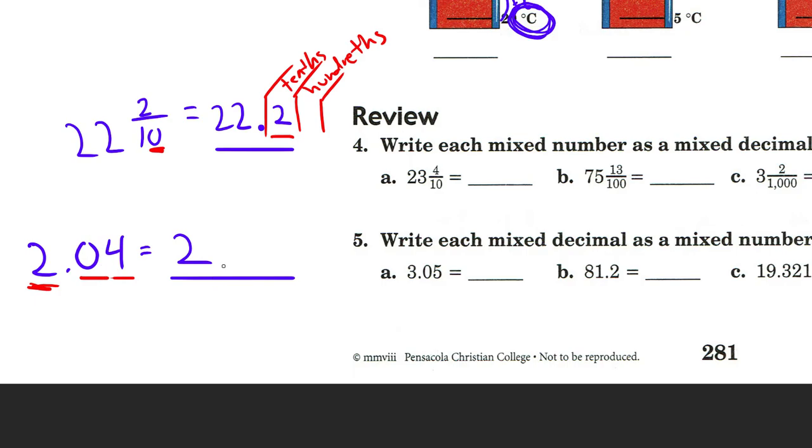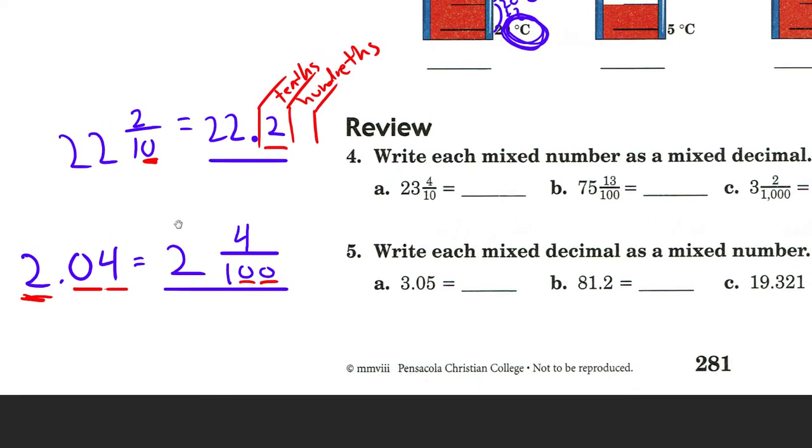In this case, there's 2. Oh, sorry, you're doing a mixed number. So here's my fraction line. Write 4 above, and then to figure out what number you need to write below, write 1, and now I have 2 place values, so fill it in with zeros. So 2 and 4 hundredths. Okay. Or if you just know that this is the hundredths place, you can just write the hundredths beneath your fraction.